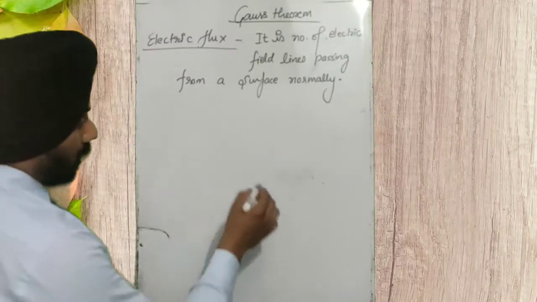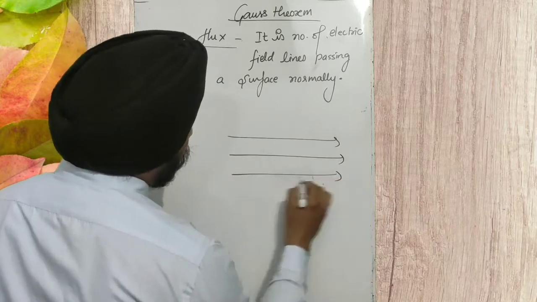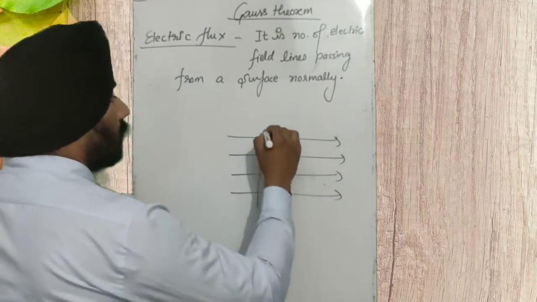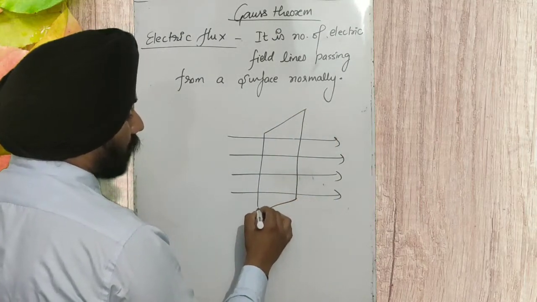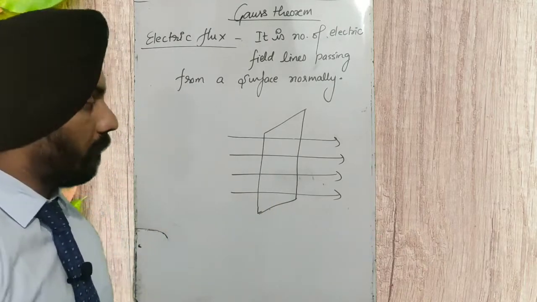So suppose this is an electric field flowing through space, and this is the surface kept, from which we want to find out the electric flux.